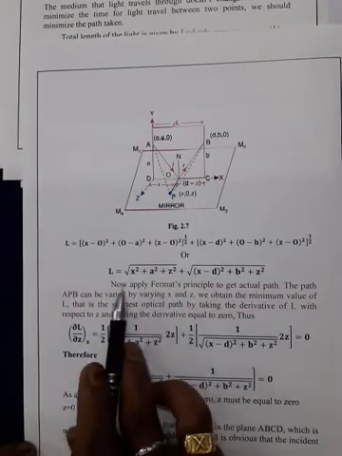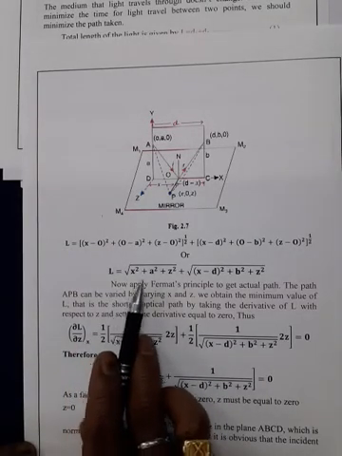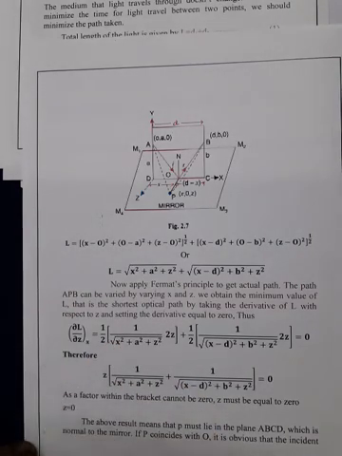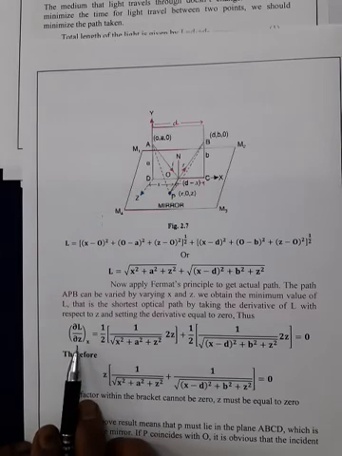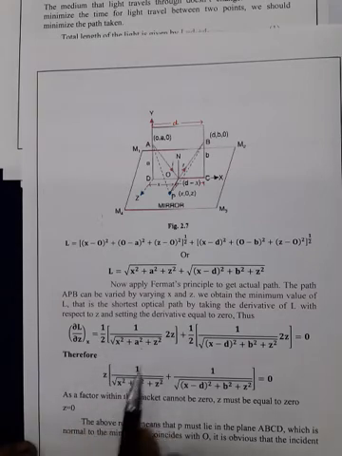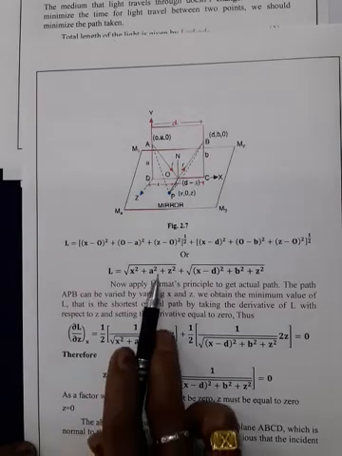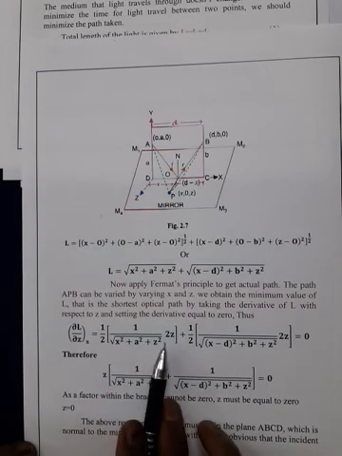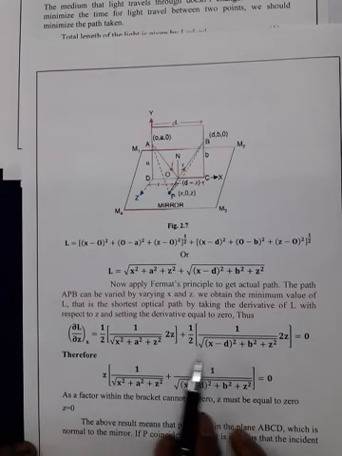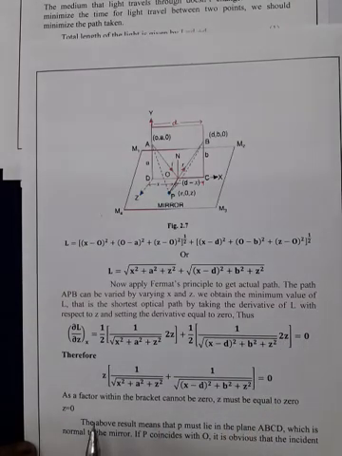The derivative of root x is 1 divided by 2 root x into 2x. Here we are finding the derivative of L with respect to z, so it is 1 divided by 2 root x into 2z, plus 1 divided by 2 root x again for this term into 2z, equal to 0.